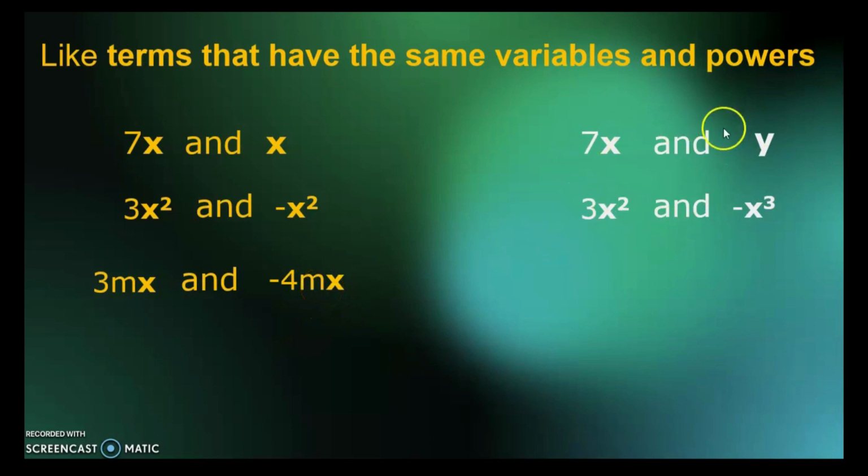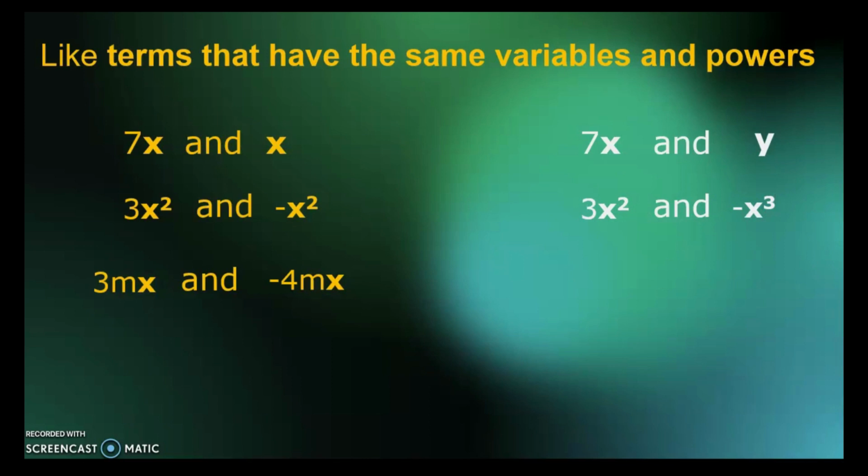This is not an example of like terms, because they have different variables, x and y. Here, 3x squared and negative x cubed are again not like terms, even though they have the same variable, because they have different powers.